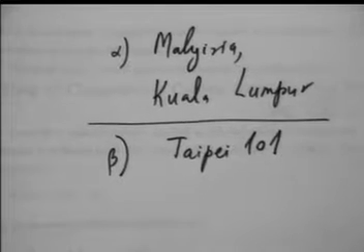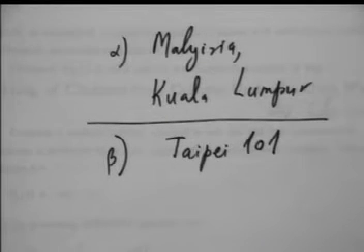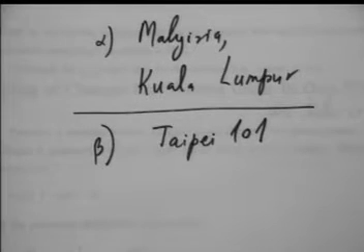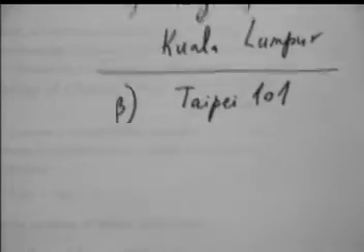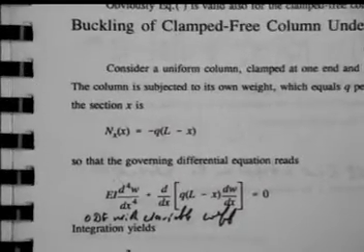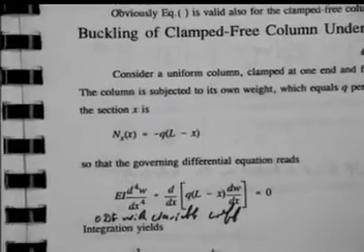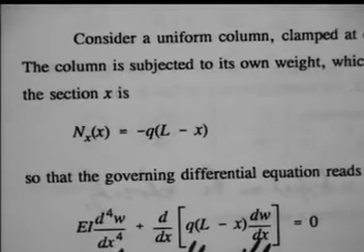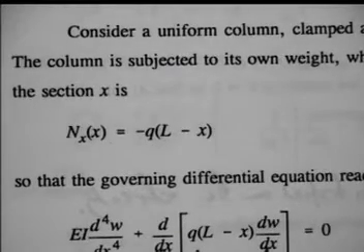Now, naturally, these buildings are susceptible to buckling, okay? Now the question is how to do the analysis. The analysis, you would be very surprised, was actually started by Leonhard Euler himself.